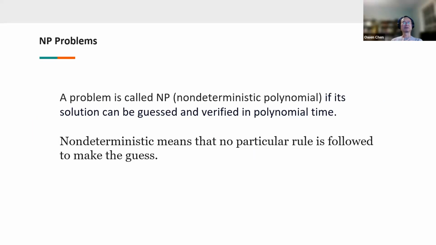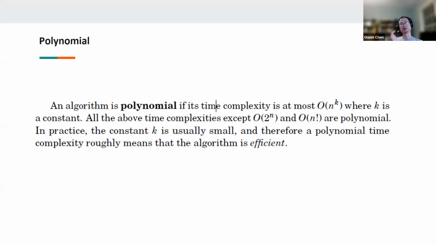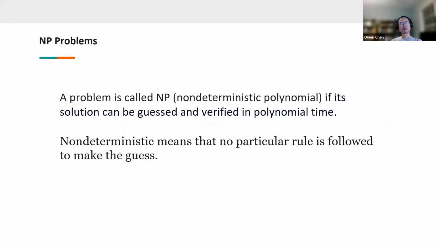P stands for polynomial, so it relates to problems solvable by a polynomial algorithm, versus NP, which means non-deterministic polynomial. So NP is the reason they add this non-deterministic.